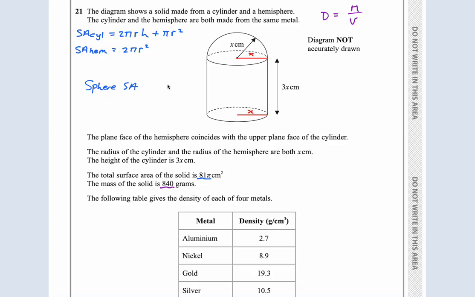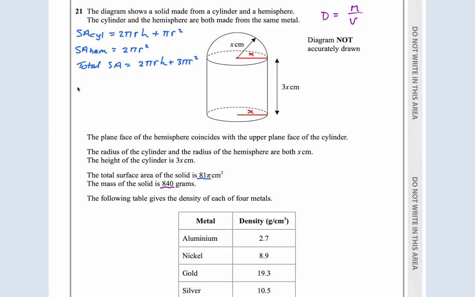Okay. So the total surface area equals this plus this. Now this is pi r squared plus 2 pi r squared, so that would be 3 pi r squared. So it's 2 pi r h plus 3 pi r squared. Okay, now we have r and we have h in terms of x.